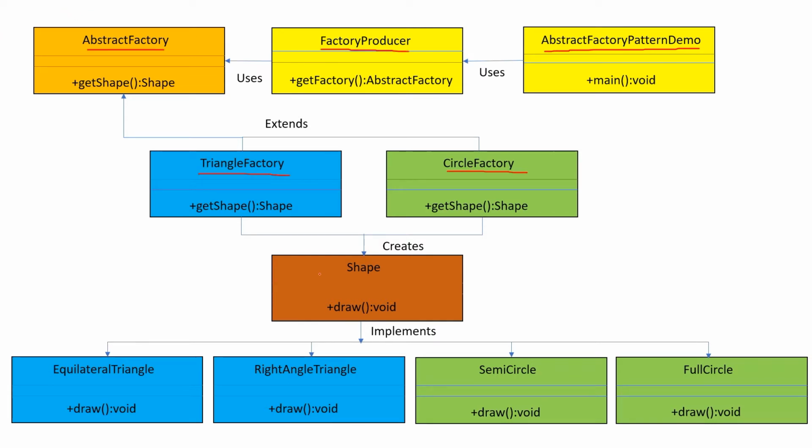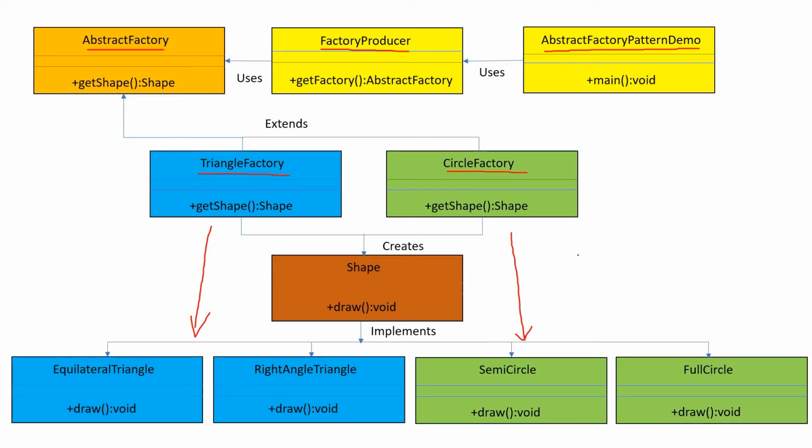If you see, there is a shape interface and we have 4 different concrete classes for this shape interface. So here you can see there is an equilateral triangle and right angle triangle which belong to this factory. And there is a circle factory and we have a semicircle and a full circle concrete class which belong to this factory.